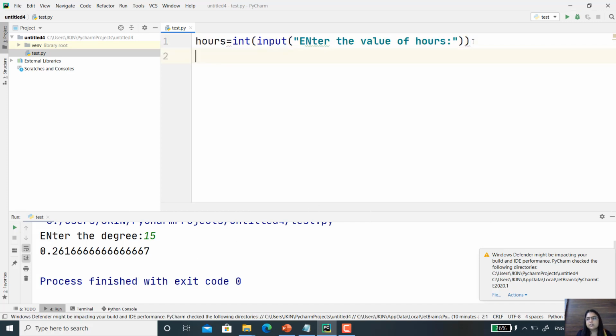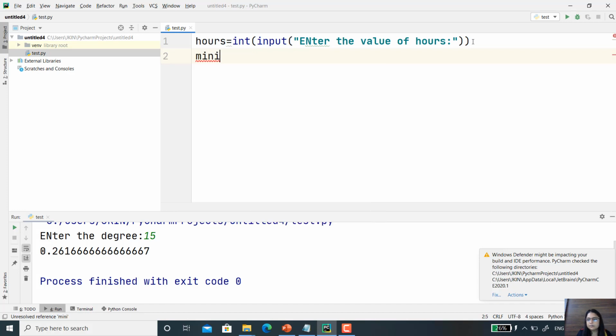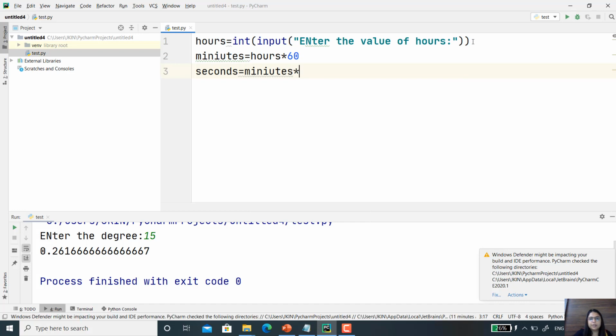Next I take one variable, minutes, that equals hours multiplied by 60, and another variable, seconds, that equals minutes multiplied by 60.